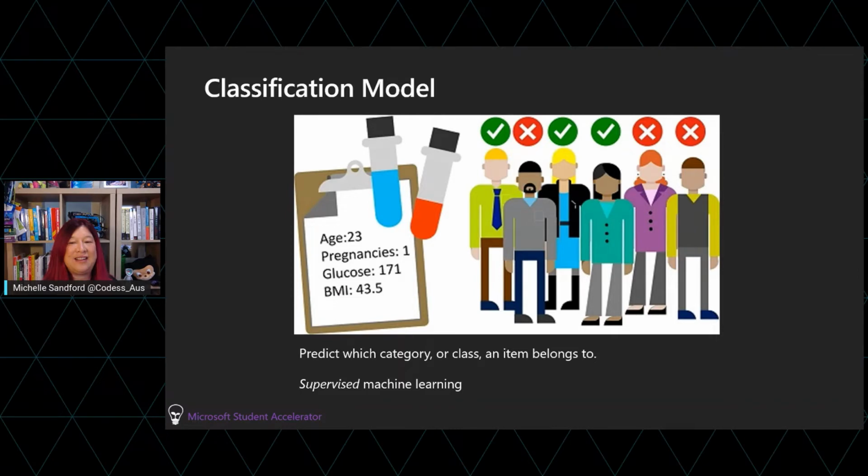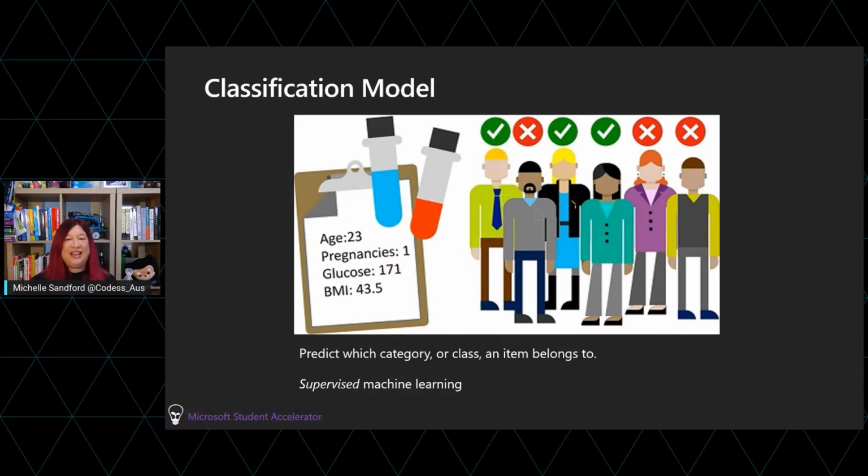In this case, the characteristics of the patient are the features, and the label is a classification of either 0 or 1, representing non-diabetic or diabetic. So it's an example of a supervised machine learning technique in which you train a model using data that includes both the features and the known values of the label, so that the model learns to fit the feature combinations to the label.